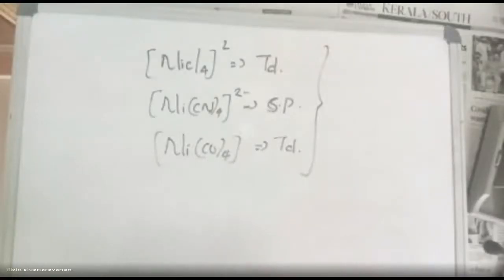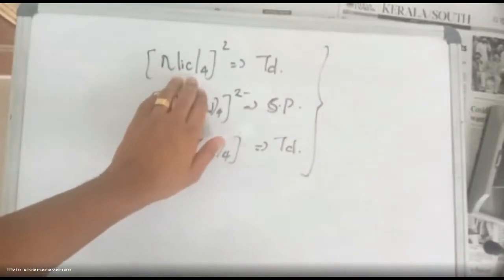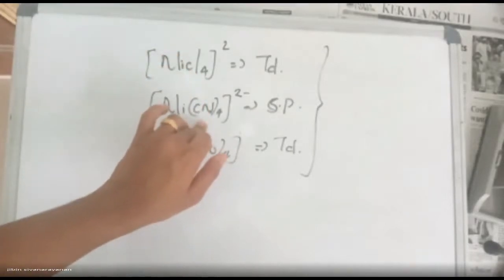Contribution of electrons. That is because of the ligands. That is what you meant. This is nickel chloride, so here it is chloride, but here it is cyanide group.